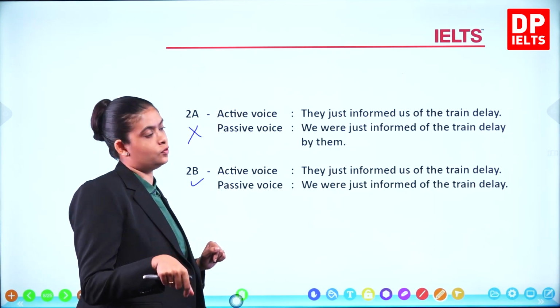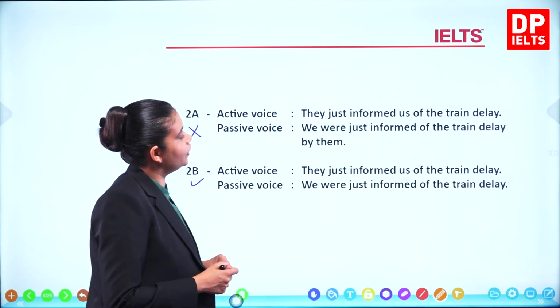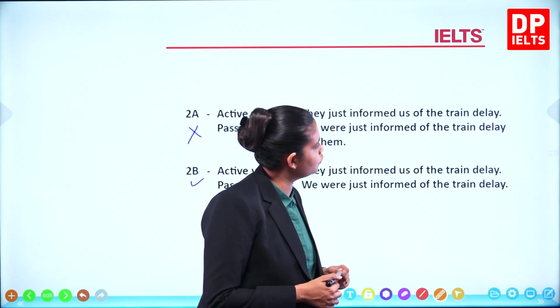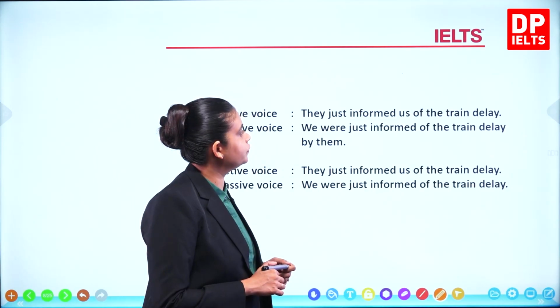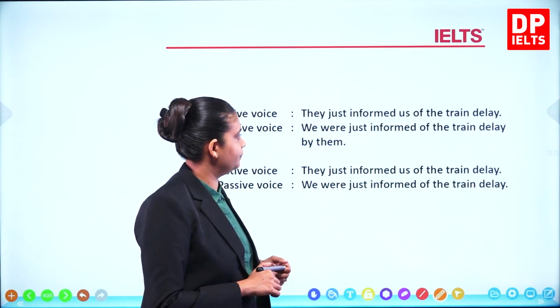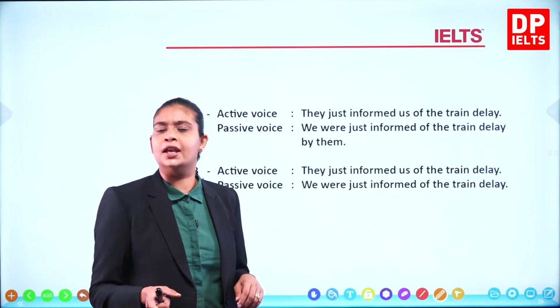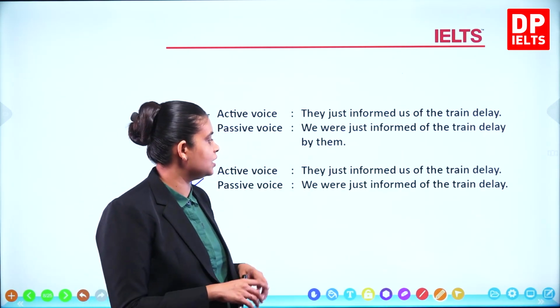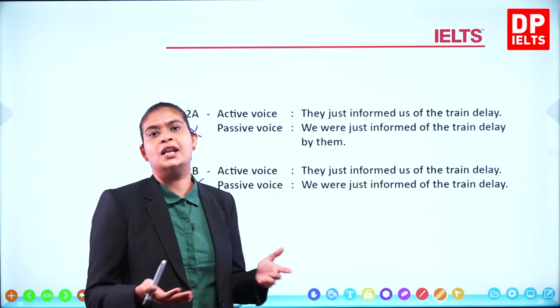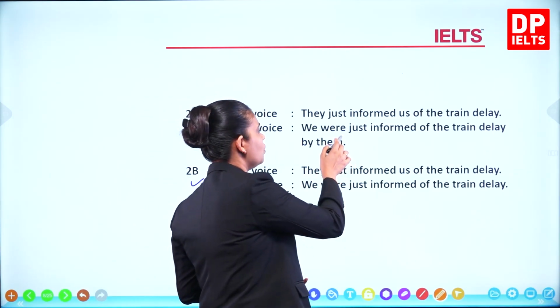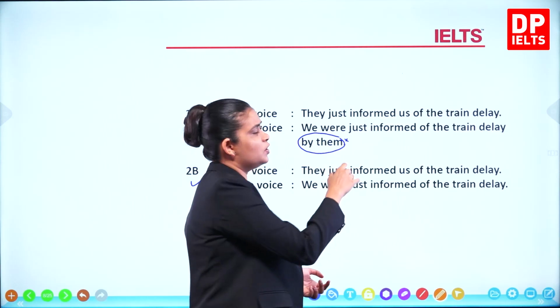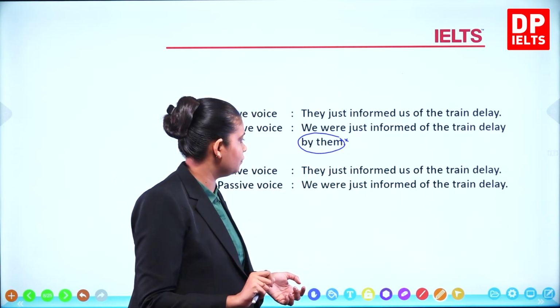Why is it wrong? They just informed us of the train delay. They were just informed of the train delay by them. Right? So when they say they, remember it is not really important to tell us who did the action because it's not important. We don't know who they are actually. So it's not really important, right?